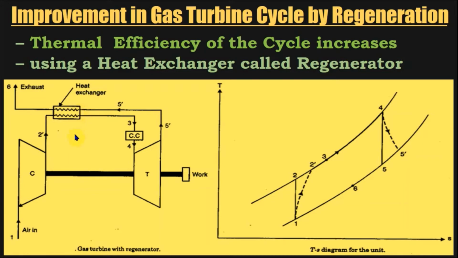The heat from the exhaust gases coming out of the turbine is recirculated through this heat exchanger, that is called a regenerator, and that heat is given to the compressed air coming out of the compressor. So the heat from the exhaust gases after expansion in the turbine is utilized to heat the air coming out of the compressor before sending it to the combustion chamber.